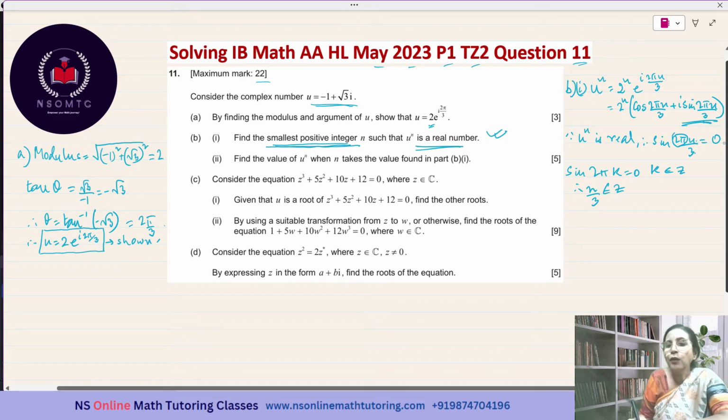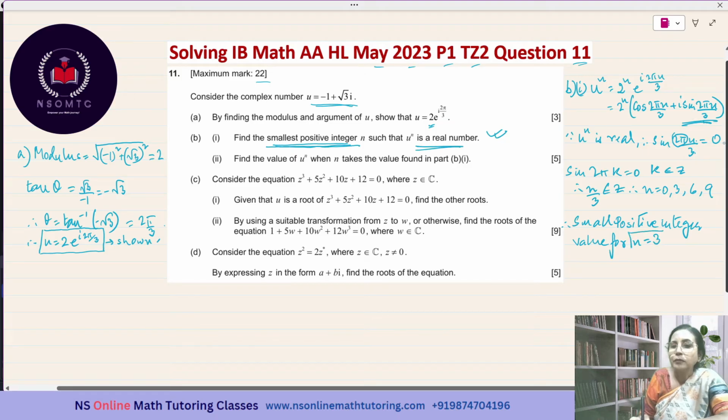Therefore n can be equal to 0, 3, 6, 9. The smallest possible positive integer value for n is 3.